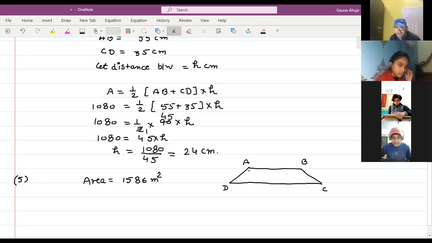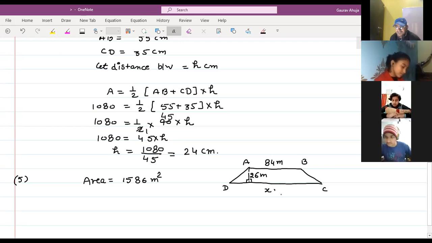And perpendicular distance is given. Perpendicular distance between these two is 26 meter. This is meter. Okay. What is given? One parallel side is 84 meter, and we have to find the other parallel side.